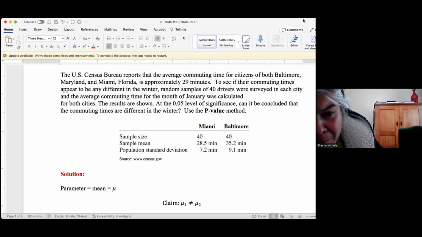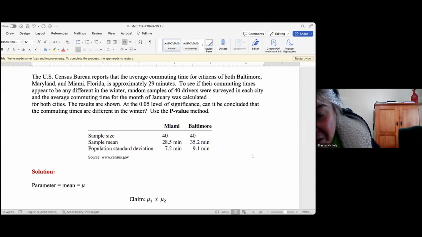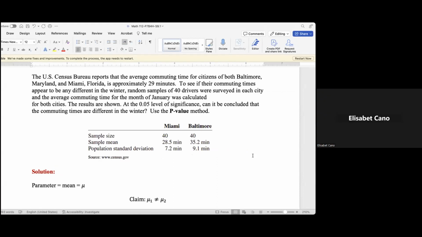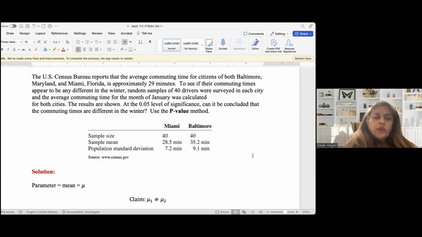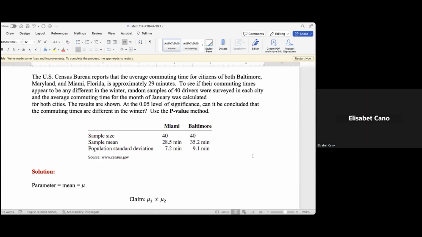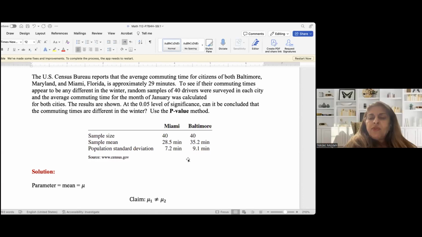Keep in mind that your data may not be in the same order that your calculator asks for. I meant like on L1, L2. No, I don't put it in there. This is statistics. If I give you statistics, you do not work with L1 and L2. If I give you raw data for each group, a bunch of numbers for Miami, a bunch of numbers for Baltimore, then you have to put the numbers for Miami in list 1, then numbers for Baltimore in list 2.